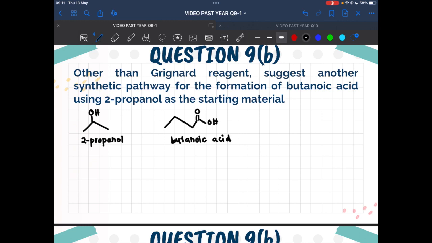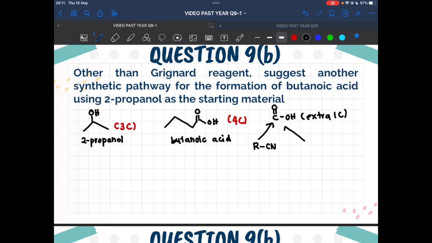So first, let us count the number of carbon. Dalam 2-propanol kita ada 3 carbon atom, and then dalam butanoic acid kita ada 4 carbon atom. So if we want to produce carboxylic acid yang ada extra 1 carbon atom, ada 2 pathway yang awak boleh ambil. Pathway yang pertama, kita boleh buat daripada hydrolysis of nitrile compound.